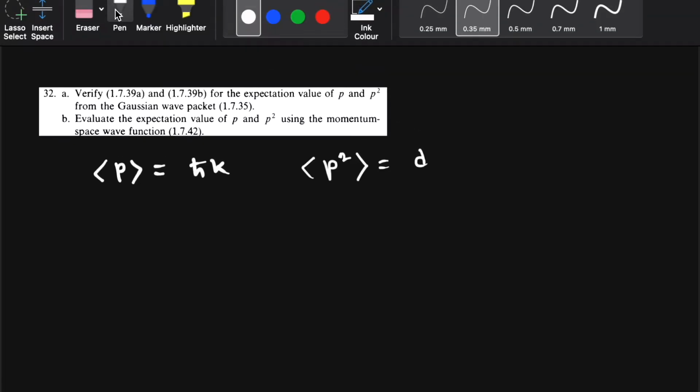and the expectation value of p square is equal to h cut square by 2d square plus h cut square k square.